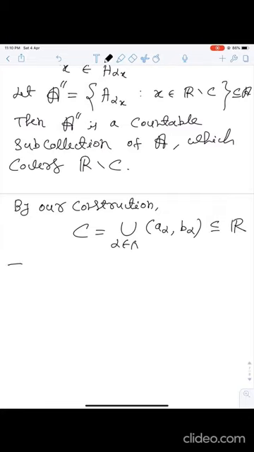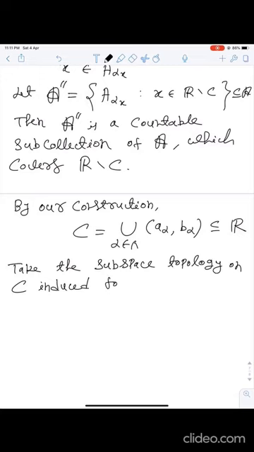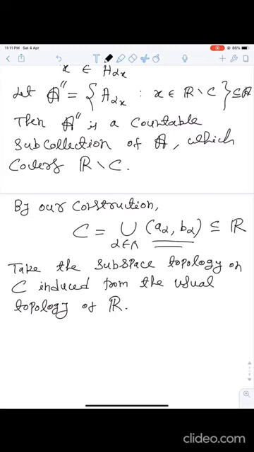Now take the subspace topology on C induced from the usual topology of R. That means C is a union of this type of open interval, and we know these are open intervals in R in the usual topology.